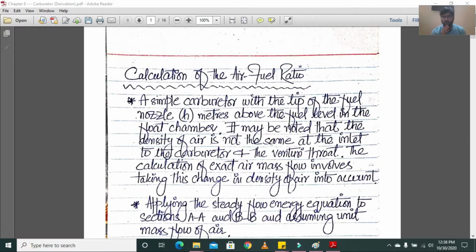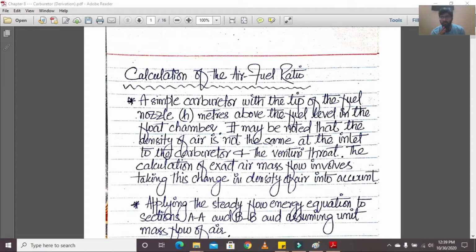The first one is that we are not neglecting the density change of the air from the inlet of the carburetor to that section of the nozzle at which the fuel is being taken in, or you can simply say into the venturi throat. We will consider the difference in the densities of these two sections.